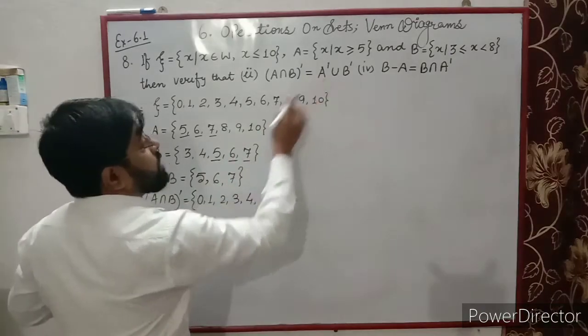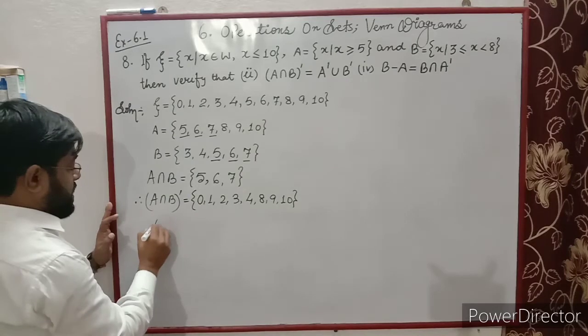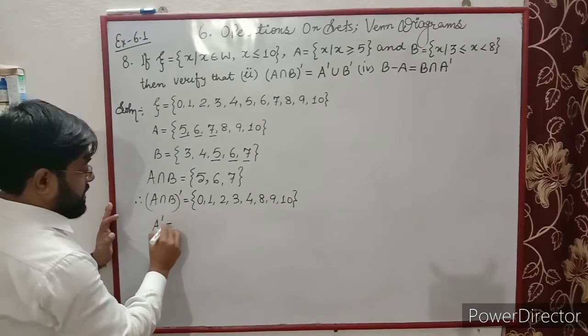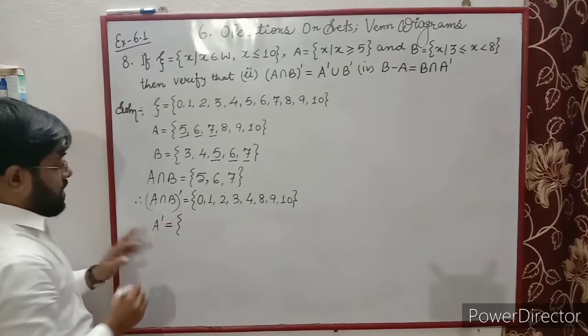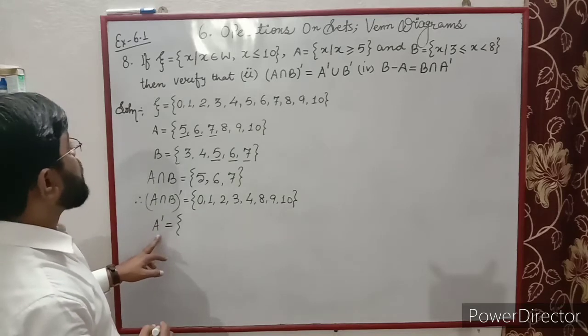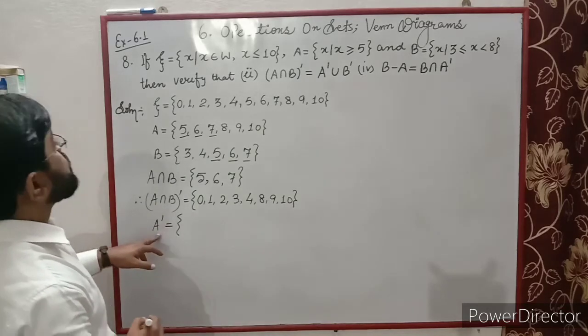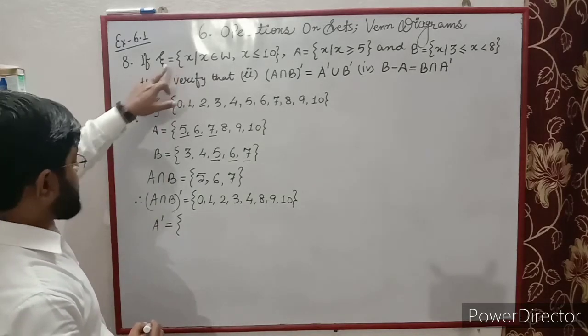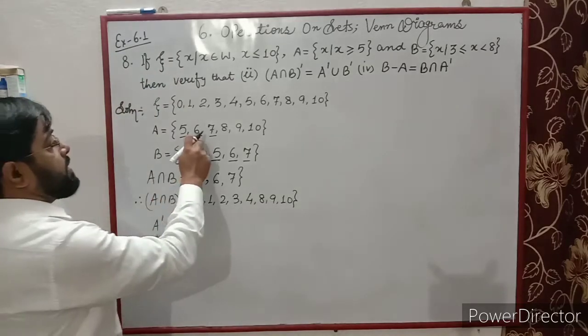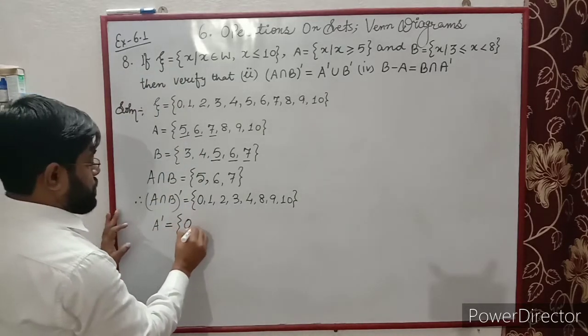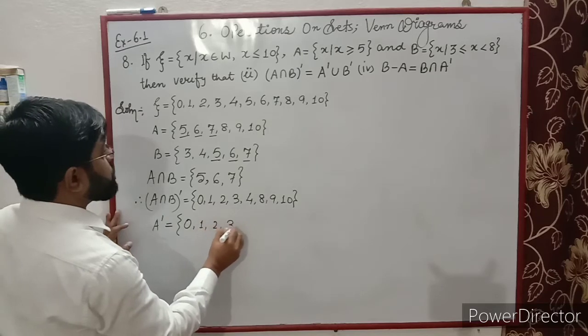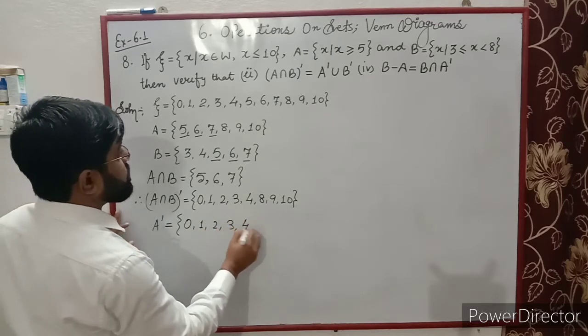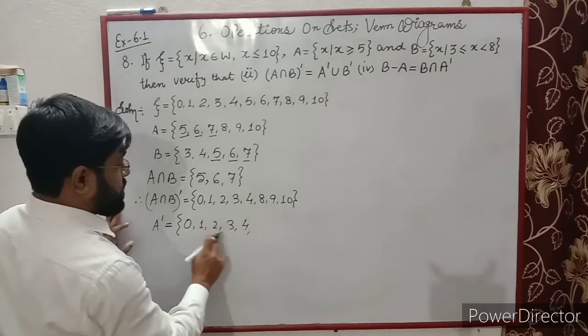Now we have to find complement of set A. Write all those elements which belong to the universal set but not in set A. So 0, 1, 2, 3, 4.